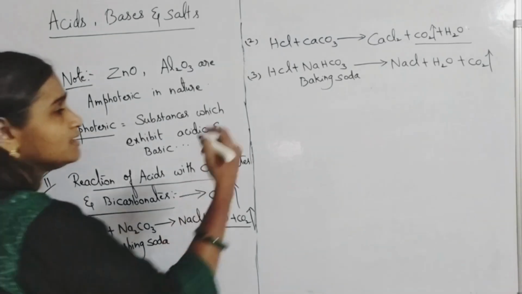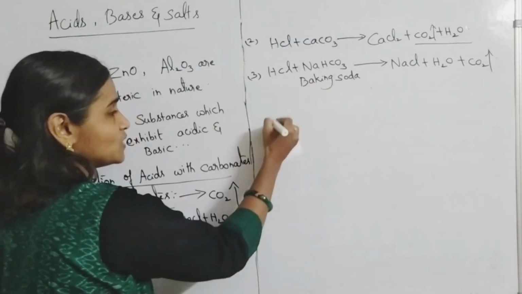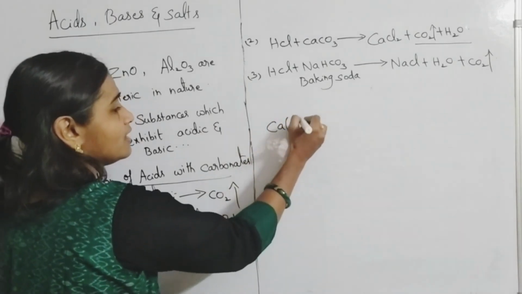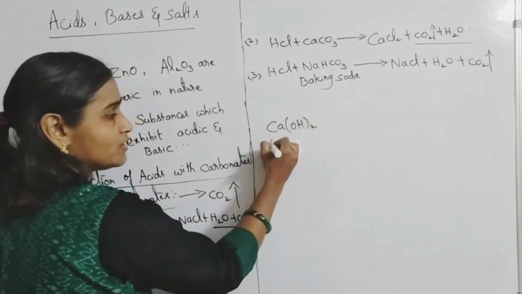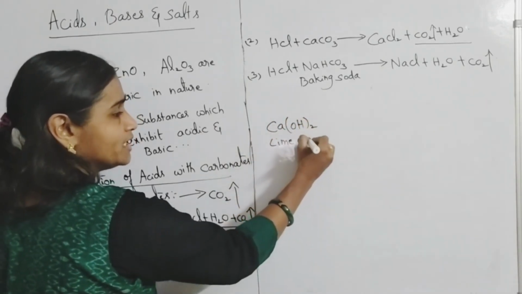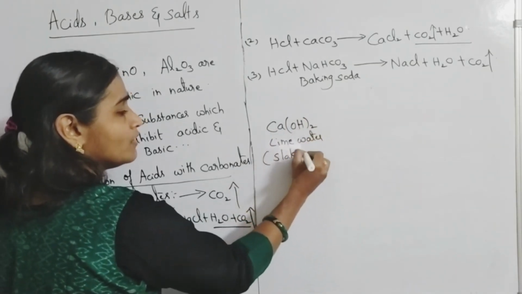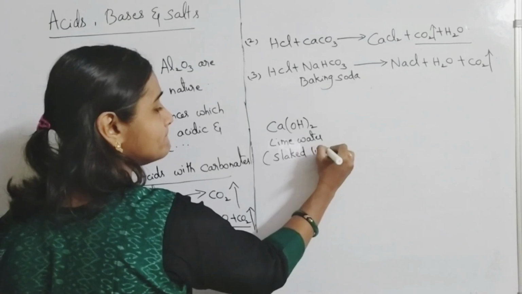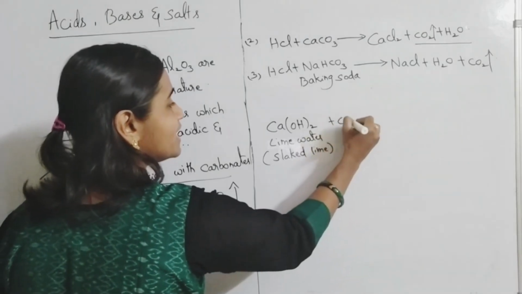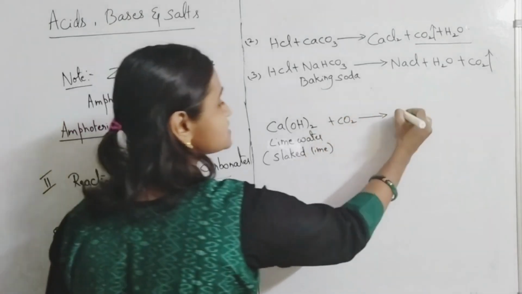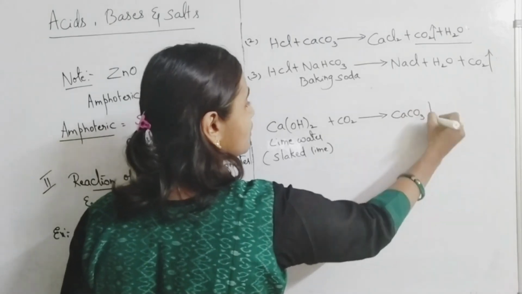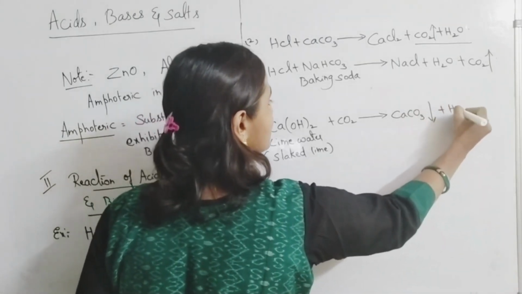How can you say that the gas liberated is carbon dioxide only? You need to take lime water. Calcium hydroxide, you call it lime water, slaked lime. When it reacts with carbon dioxide, it gives a white precipitate of CaCO3 and water.